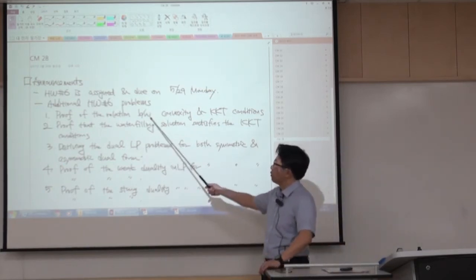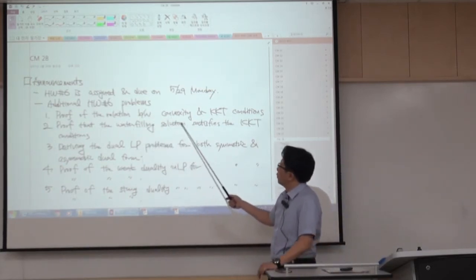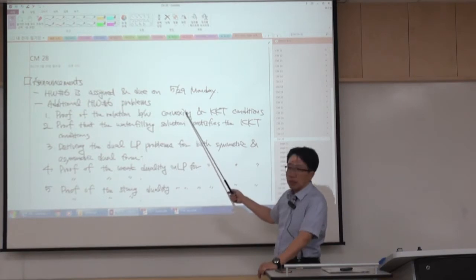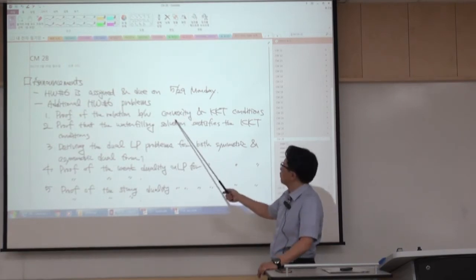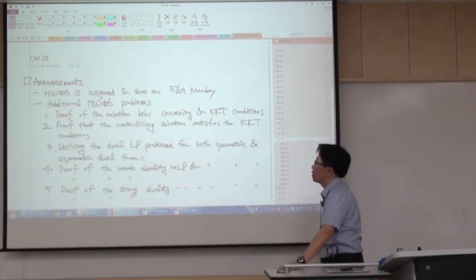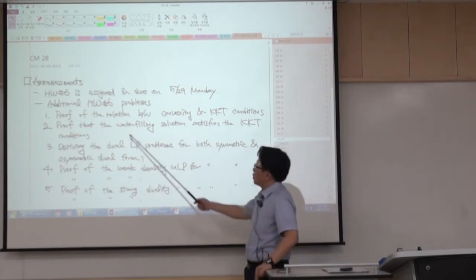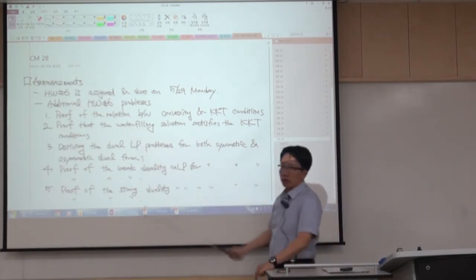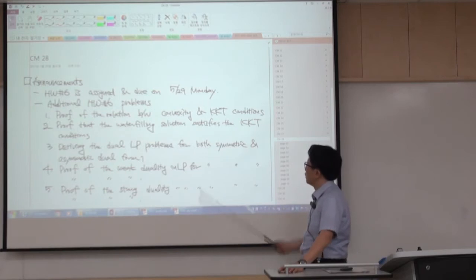The first one is related to the proof of the necessary if and only if part for the convexity and KKT conditions. The second one is to show that the water filling solution we derived really satisfies all the KKT conditions.